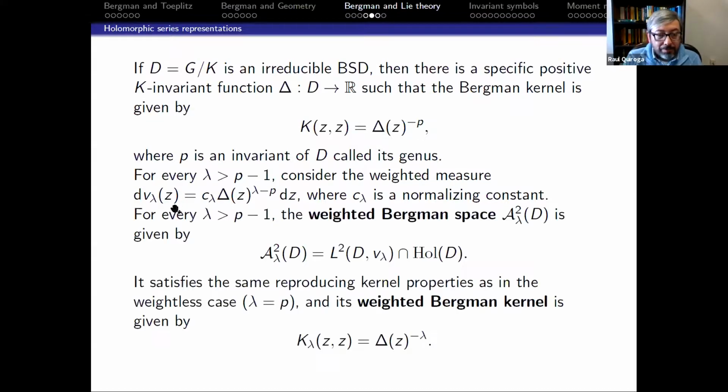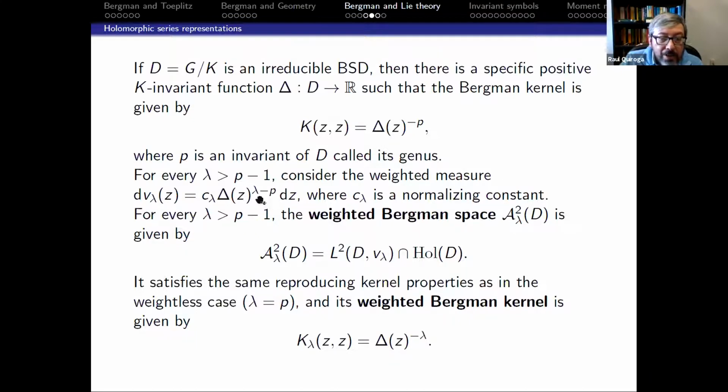So you can consider corresponding weighted Bergman spaces. For every lambda with this restriction, L2 with this new measure, intersection with holomorphic functions, this is the weighted Bergman space. For the case of Nicolai and for the unit ball, this delta was just 1 minus mod C squared.